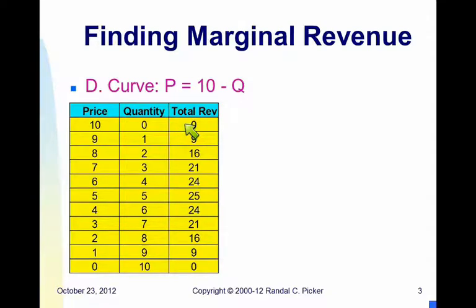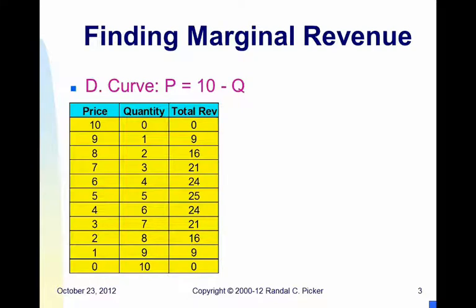That's going to give me 0. If the price is 9, I'm going to sell 1 unit. 9 times 1 is 9, so that would give me total revenues of 9. If the price is 8, well, I put that into the demand curve. 8 equals 10 minus Q. That means quantity equals 2. Total revenues then would be 8 times 2 is 16. And you can see how that works.